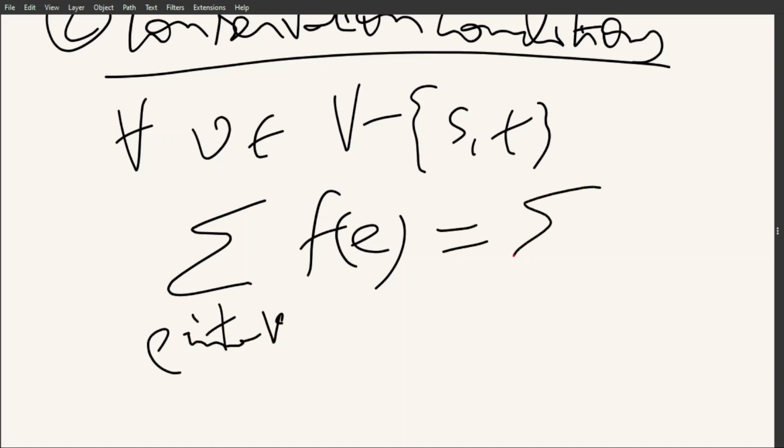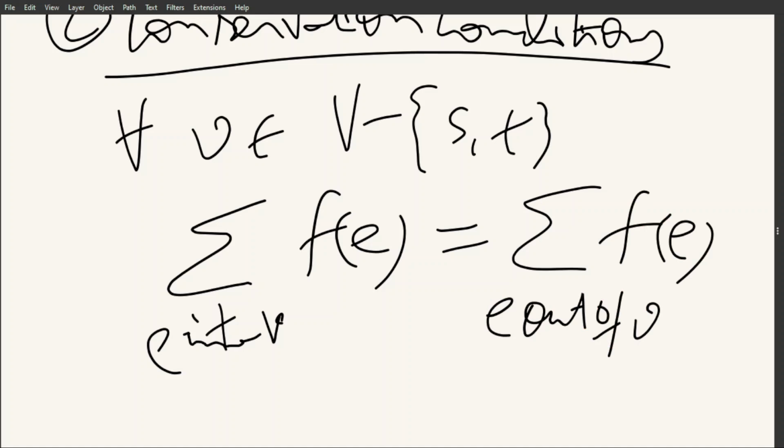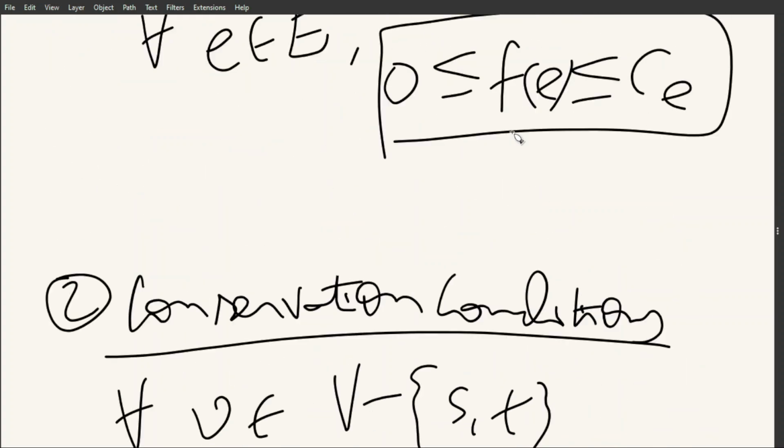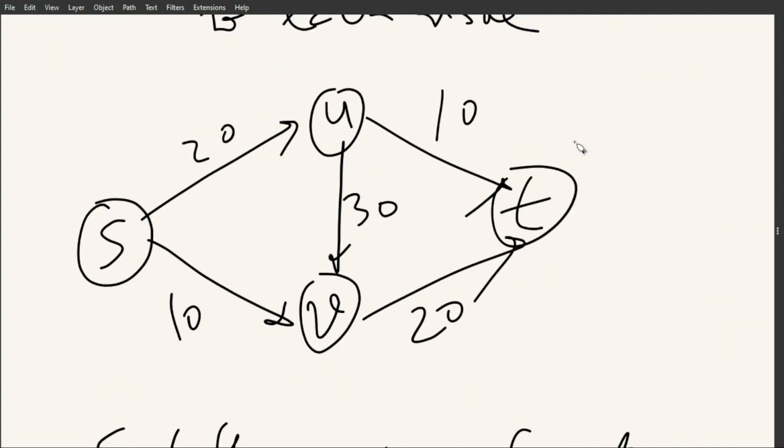This should be same as flow out, f(e) for e out of v. This is conservation condition. So once again we take the same example and take an example flow. So taking the same figure, here we have a flow network.